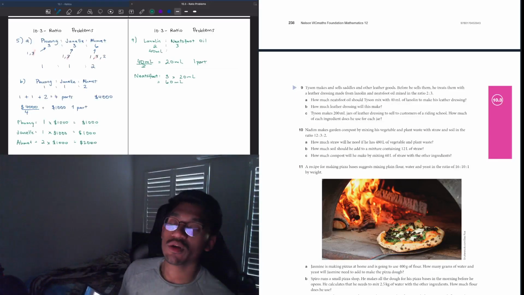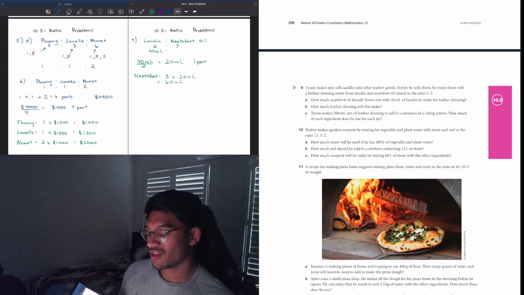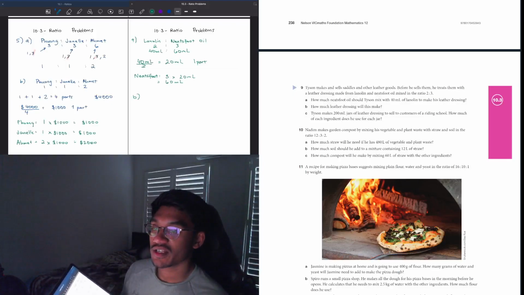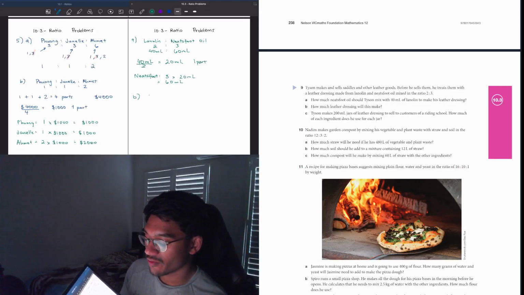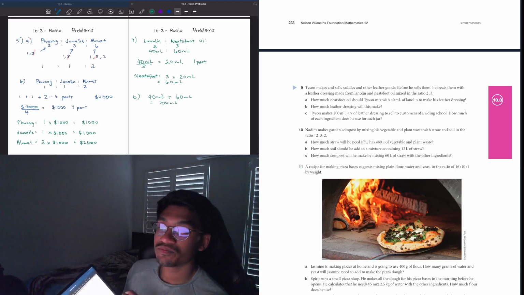So if there's 40 milliliters of lanolin, then we need 60 milliliters of neat's foot. There's our answer. Now question B says, how much leather dressing will this make? So again, all we do is we add them together. So we know there's 40 milliliters of lanolin and 60 milliliters of neat's foot. 40 plus 60 is equal to 100 milliliters. Done.